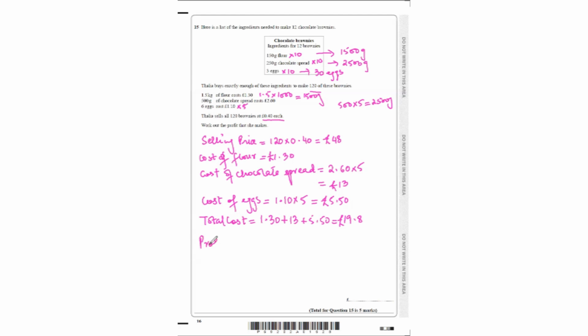So profit, like I said, is selling price minus the cost price. Selling price is 48 pounds and cost is 19.8 pounds. So she'll be earning a profit of 28.2 pounds. That's your answer.